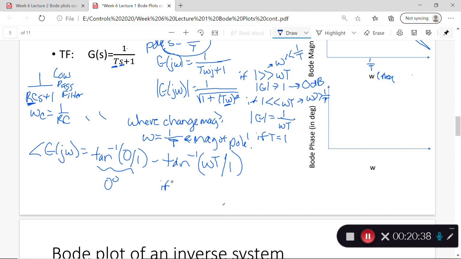if 1 is equal to omega t, then this would be the inverse tangent of 1. I would be at 45 degrees.